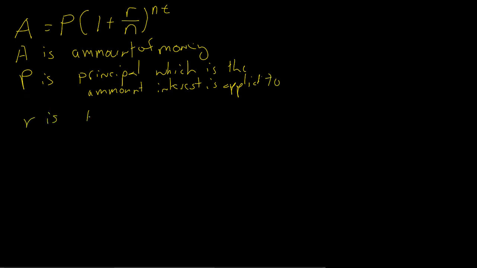R is the rate. Normally you'll see this as 6%, or whatever the number is. I'm using 6%.